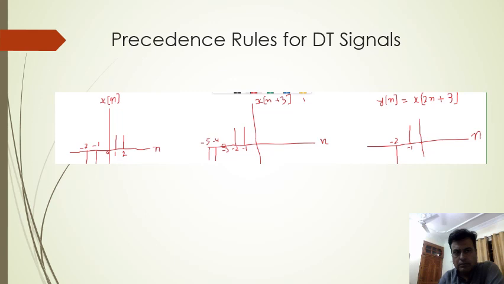and the reason is that discrete signals only exist at integer intervals of time. So whenever we perform compression, remember that we perform compression when we generate x of 2n or x of 3n or x of 4n from signal x of n, we may lose some points.